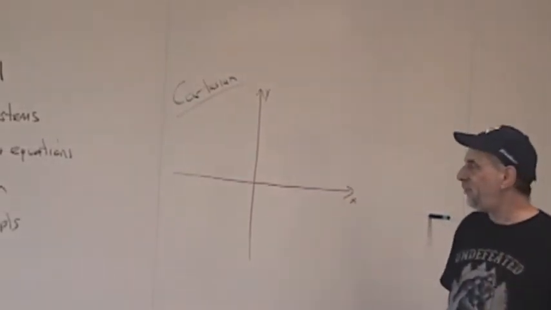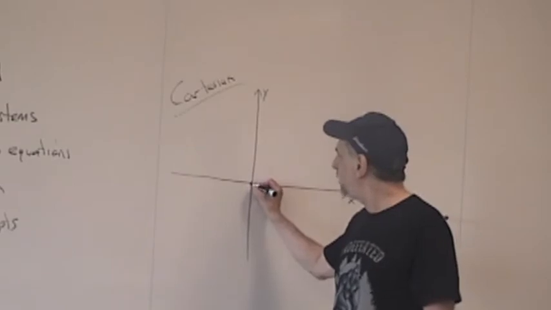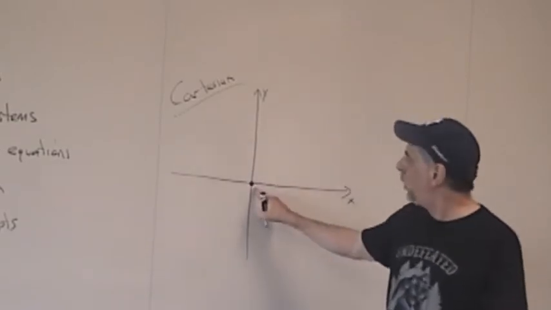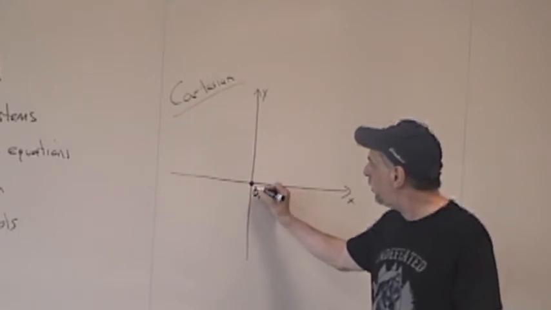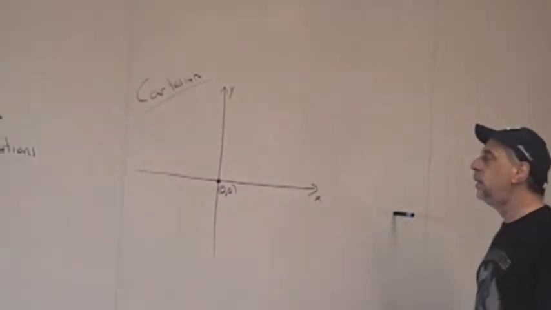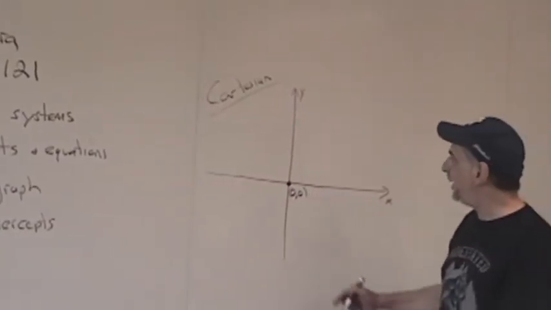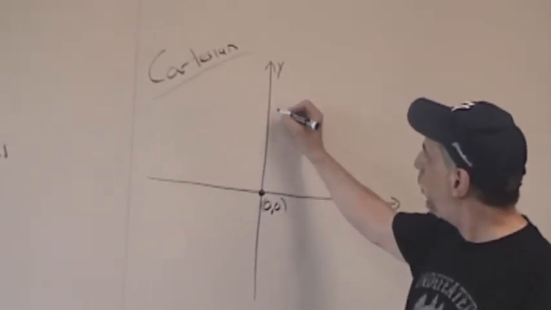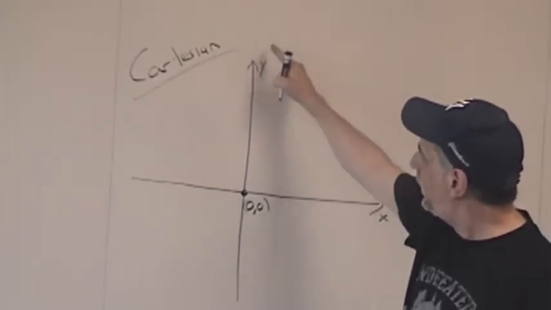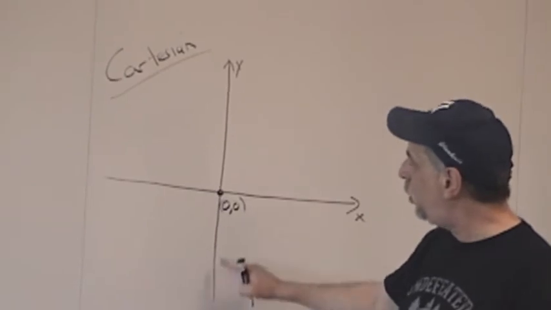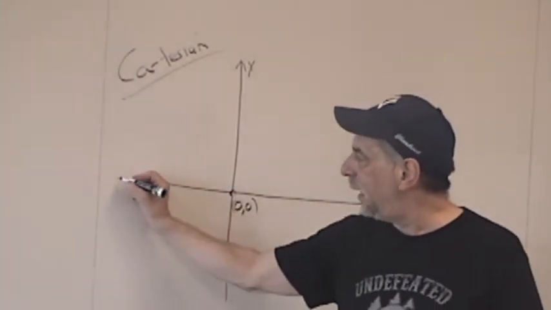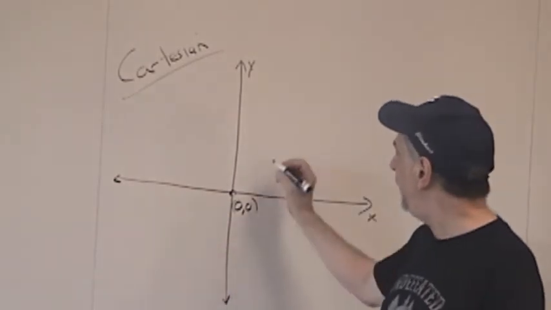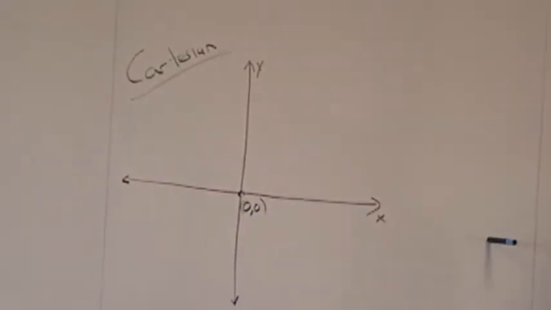We'll leave that for when we talk about functions. But let's just look at the points here. This point where the x and y axis cross is the point (0, 0), and that is called the origin of this Cartesian coordinate system. The y values go positive above the x-axis, negative below. The x values go positive to the right and negative to the left. These lines go to infinity in all directions.